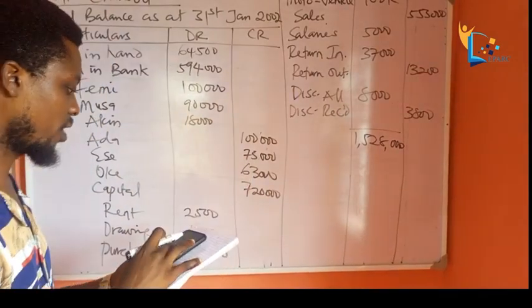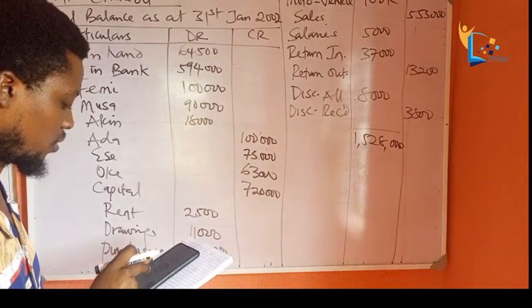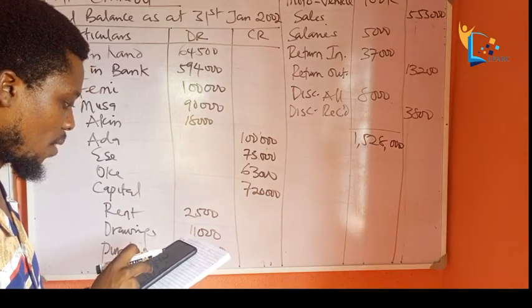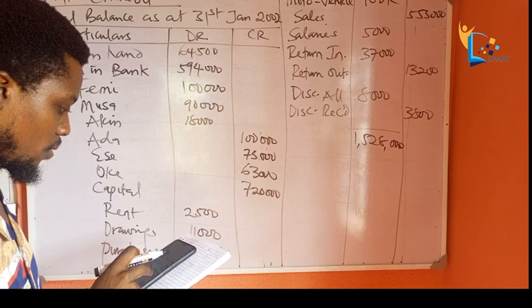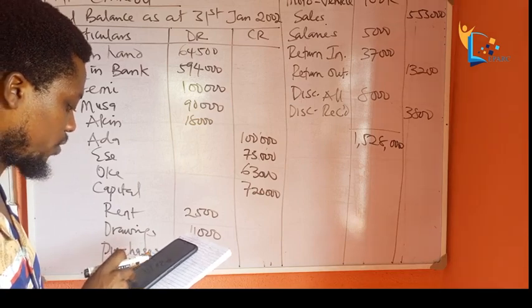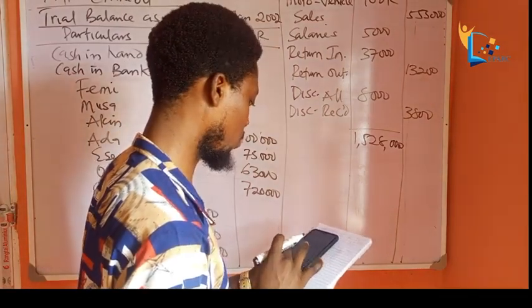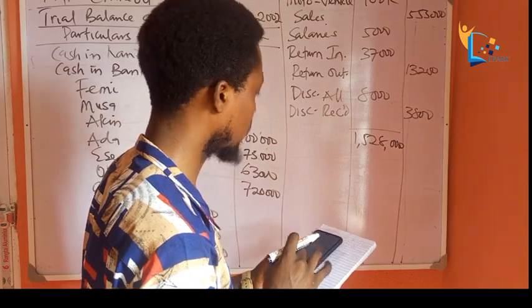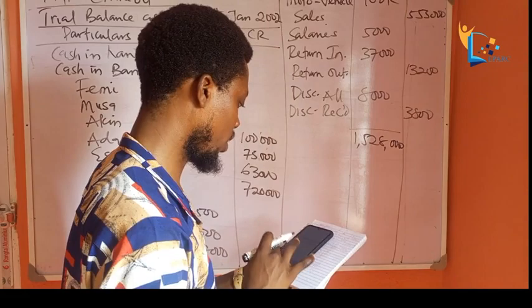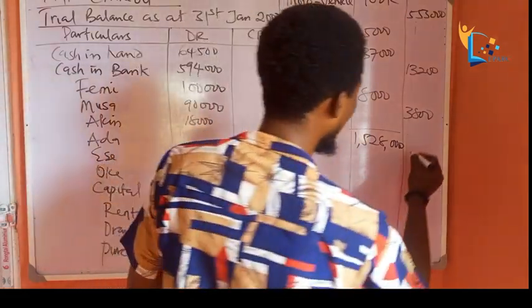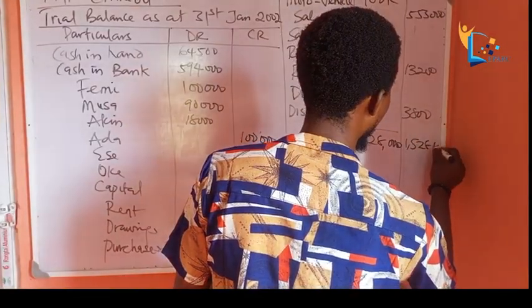So the credit side, let's go. 100,000 plus 75,000 plus 63,000 plus 720,000 plus 553,000 plus 13,200 plus 3,800, which is 1,528,000 as well.